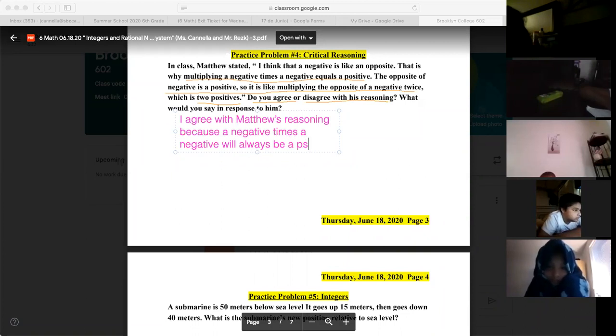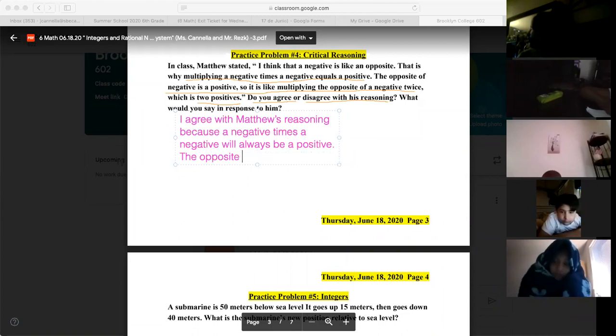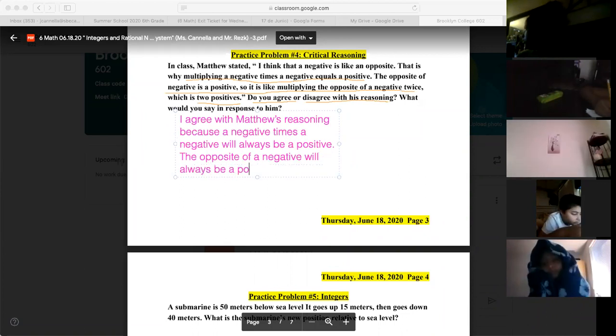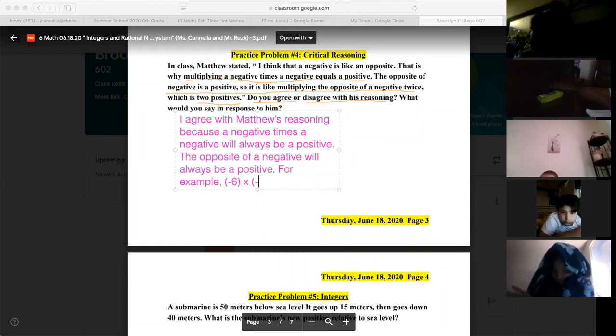So, for example, multiplying a negative times a negative. So negative 6 times negative 6 equals positive 36. So it's like multiplying the opposite of a negative twice. Okay, this is positive 36.